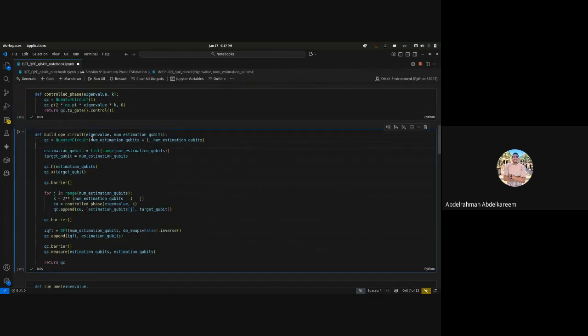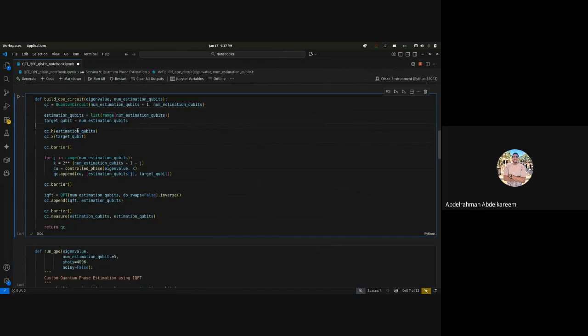For the QPE itself, it takes the eigenvalue and the number of estimation qubits. We'll see how it differs if we choose different numbers of estimation qubits. We define a circuit with the estimation qubits plus 1. This is the auxiliary, which will do the phase kickback for us. For the classical register, we need only the number of estimation qubits.